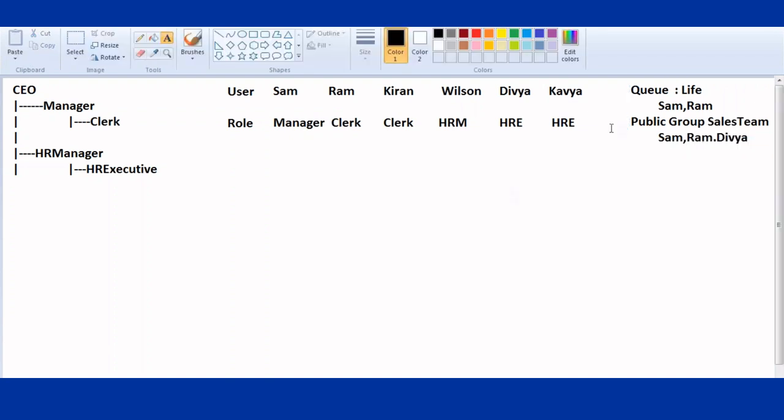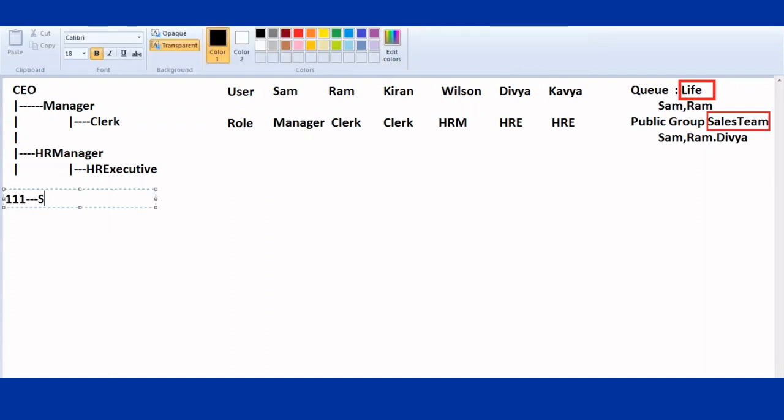So we have a queue called live. There is one more queue, and one more public group. This is the structure we have. Now I have a couple of records. What are the records we have? 111.